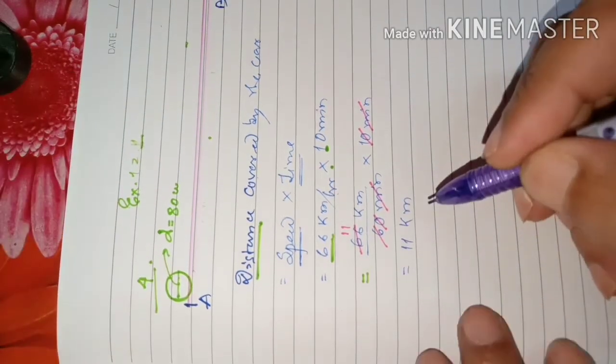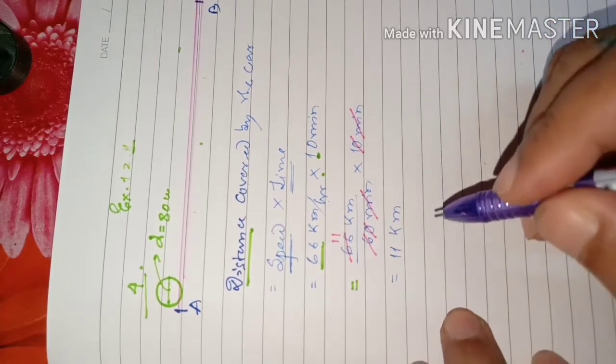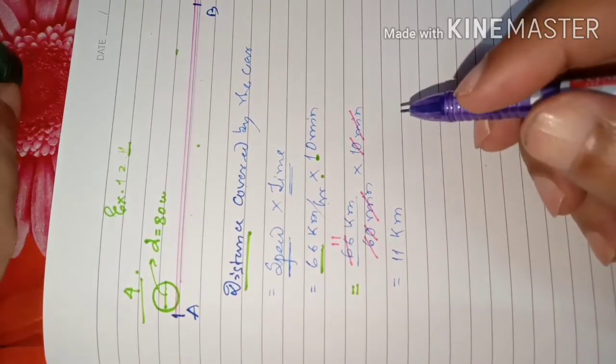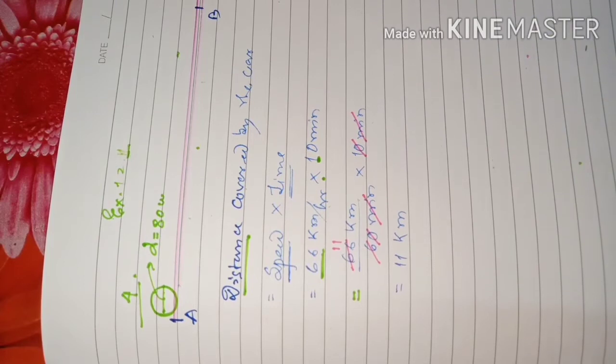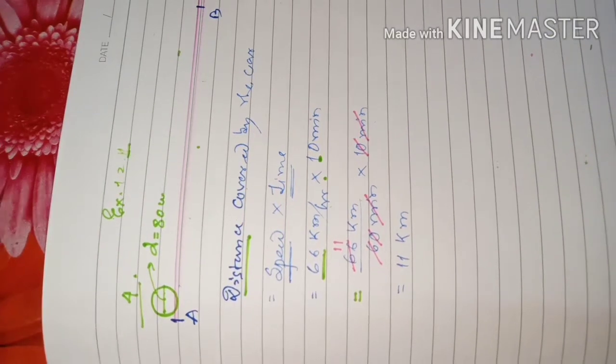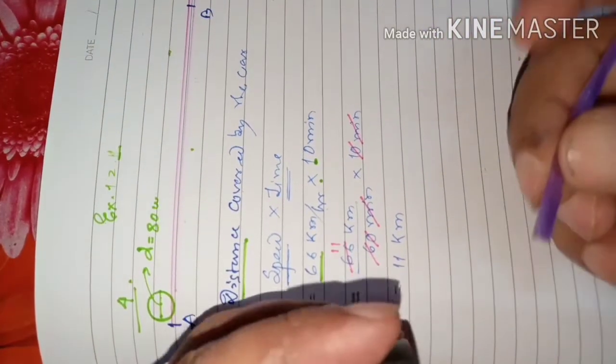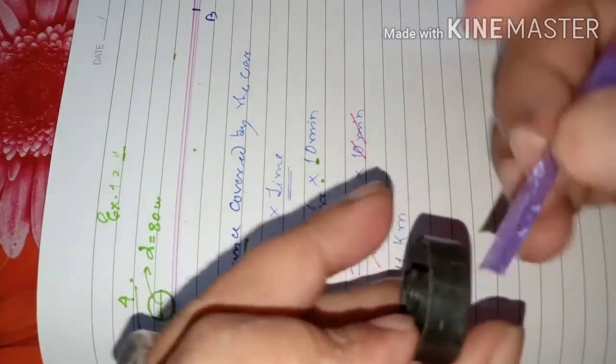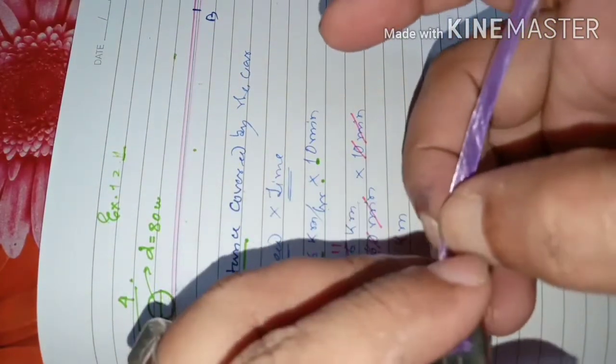11 km distance. Now I see, in one revolution, when the wheel will revolve one time, how much distance does it cover? Just you see, dear students, this is the wheel. I am covering the surface of the wheel, the circular surface, by a rope like this.